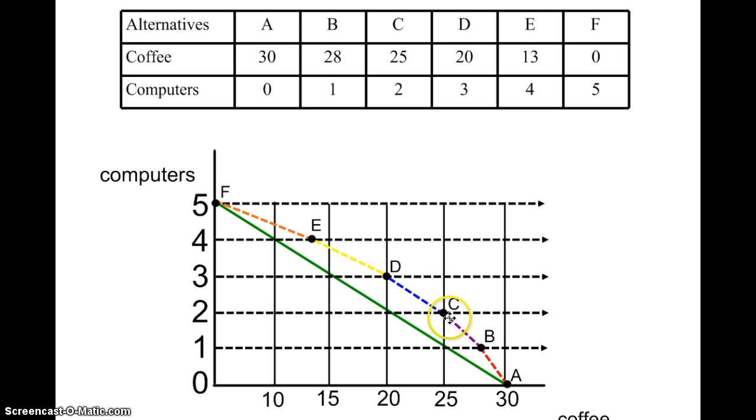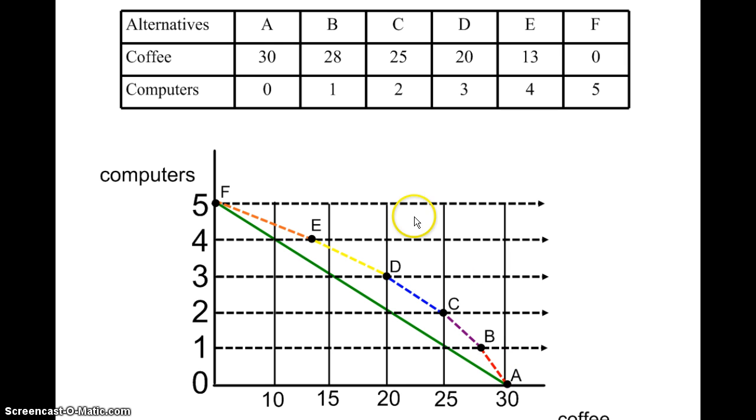Point B to point C also has a constant slope. C to D, D to E, E to F. In each case, between each set of 2 points, the slope is slightly different, and none of them will have the same slope as moving from point A to point F. Each of those little changes is the opportunity cost of moving between those 2 points.